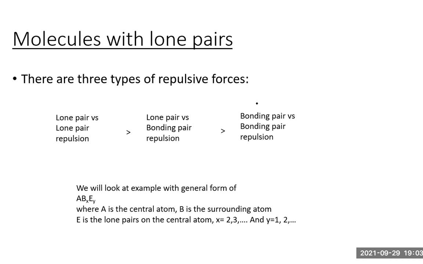We could have bonding electrons near bonding electrons, which is okay. We could have non-bonding electrons, the dots or lone pairs, near bonding electrons, which is not so good. They want to get away from each other. And really the worst case scenario is when you get non-bonding electrons or lone pairs near each other. They definitely want to get as far away from each other as possible.